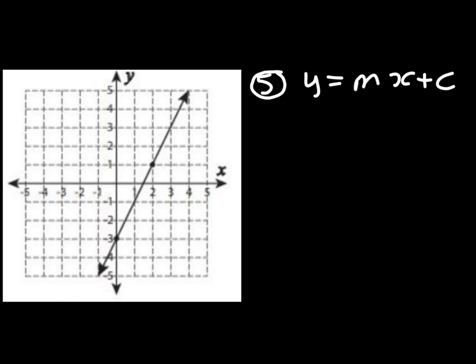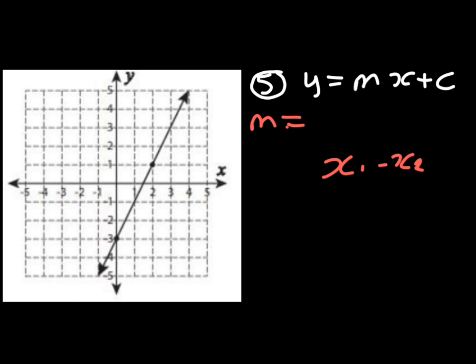Once again, for question 5, we are asked to find the equation of the straight line graph. So, as we keep doing, we're going to say that m equals y1 minus y2 over x1 minus x2. Okay, so we now need to have a look at our graph to find 2 points.